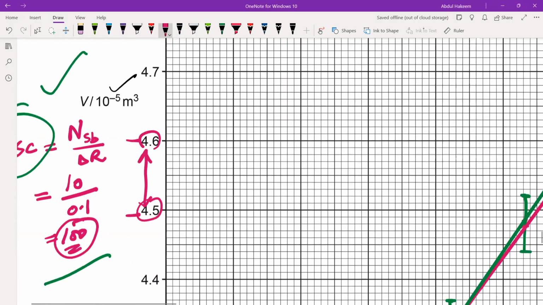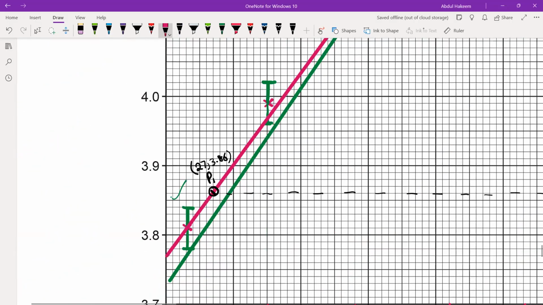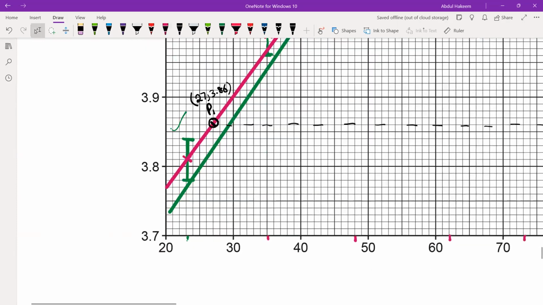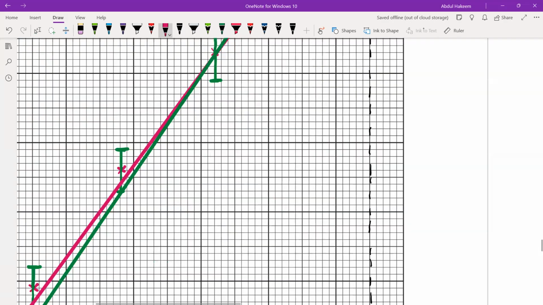Now move to the graph for the worst fit. So take 2 points for the worst fit. For example, we take 1 point like this, P3. For example, this is your P3 and its coordinates are 25 at the x-axis and 3.8 at the y-axis.